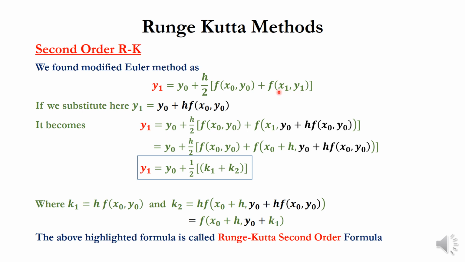Now if we substitute y1 is equal to y0 plus h f of x0 y0 in this position, it becomes y1 is equal to y0 plus h by 2 into f of x0, y0 plus f of x1, where y1 is replaced by y0 plus h into f of x0 y0.